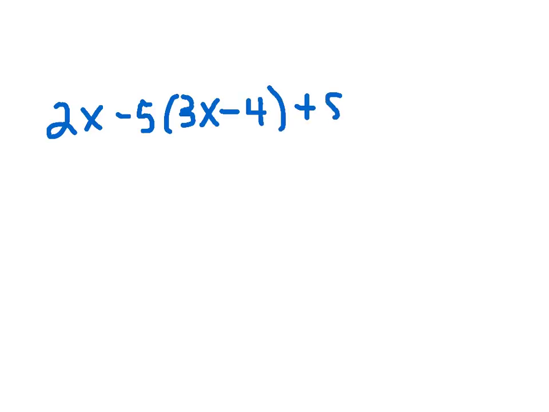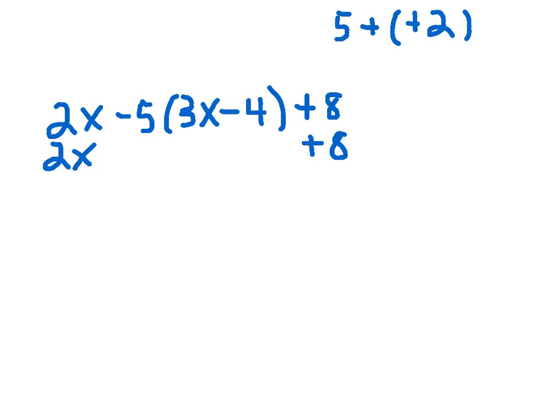So let's just talk about, what if I have 2x minus 5 times the quantity 3x minus 4, plus 8, for example. 2x and 8 are not involved in the getting rid of parentheses part. Now, what I want to do is distribute this. Remember, the sign in front of the number is the sign of the number. That's why if we have minus a negative, we want to do the slash and dash first, because then this will always be true. Other than that, you can just call this number right here negative 5.